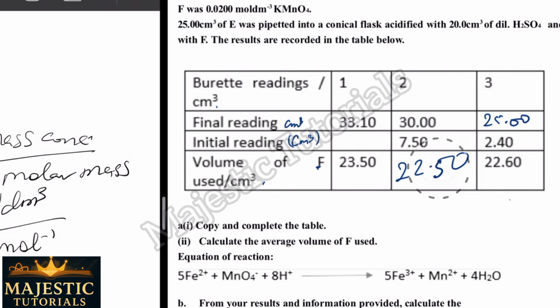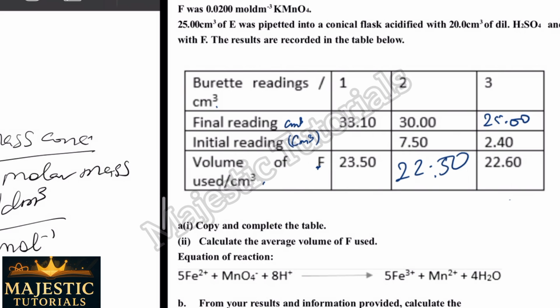Okay. We can see that they are concordant titer values, because they did not vary with more than 0.1 or more than 0.2. Okay, 23.50 is off. I've cleaned what I wrote there, but it should be 9 point something.